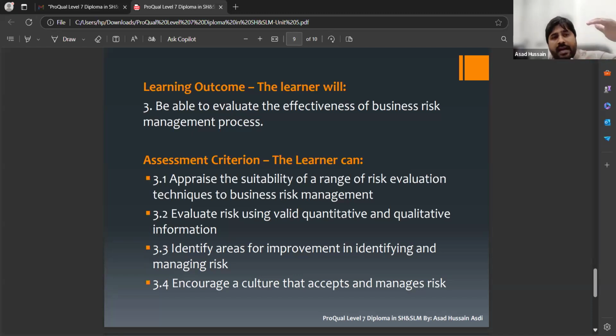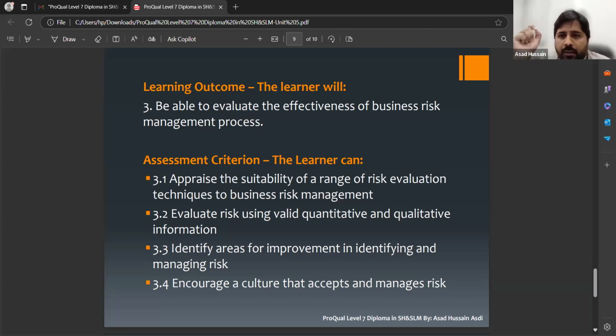Once they have the evidence, you can see how suitable it is and how well it works for measuring effectiveness. In 3.2, evaluate risk using valid quantitative and qualitative information.